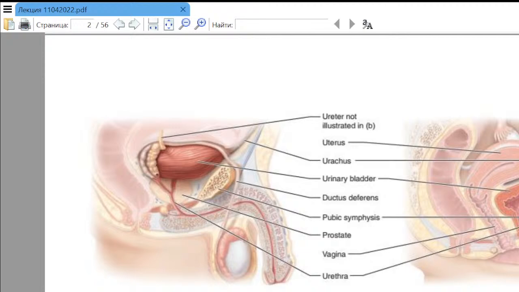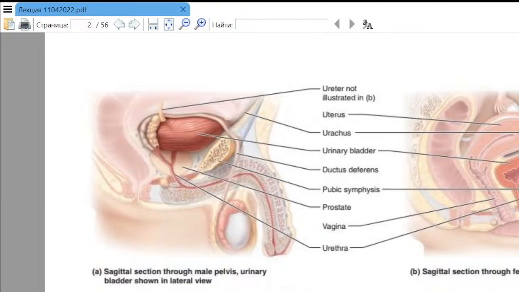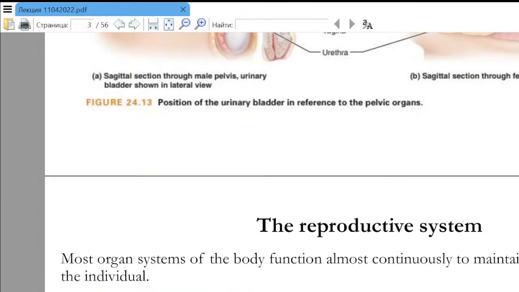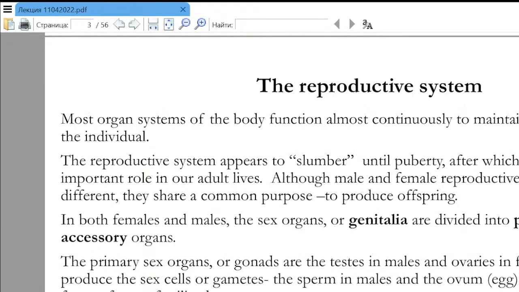You see the reproductive system, male and female. This is the male reproductive system. Most organ systems of the body function almost continuously to maintain the well-being of the individual.